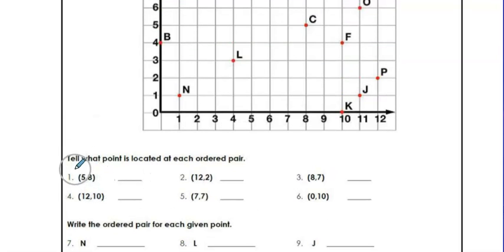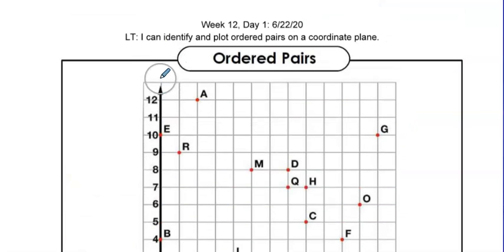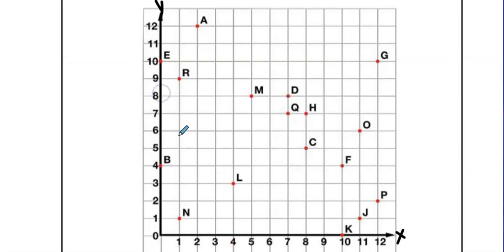So on this one, looking at number 1, we're telling what point is located. So remember that first point is your x-axis. That's going to be that over number. And then the second number is your y-axis, which is going to be the number that's up along the y right here. So this over here is your x. And then this line is your y.